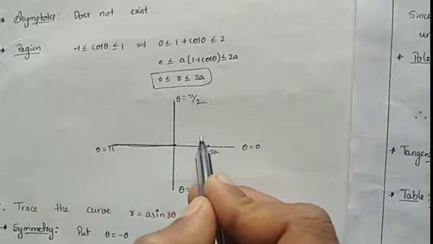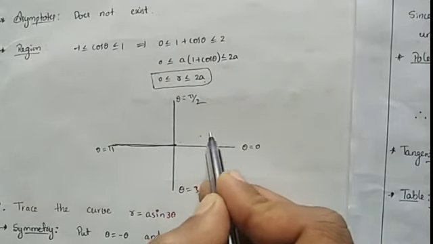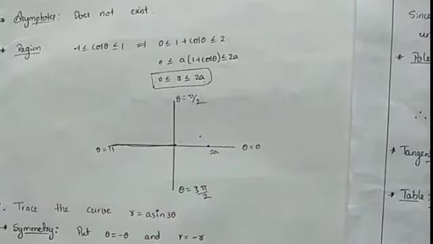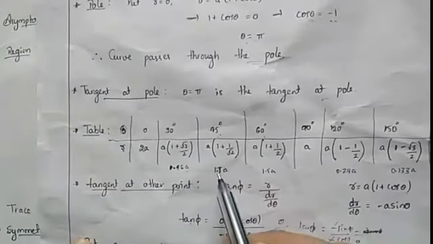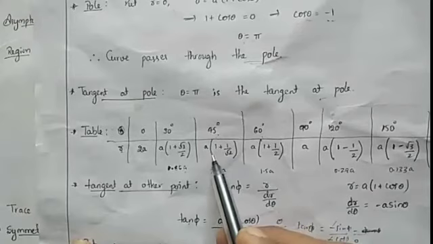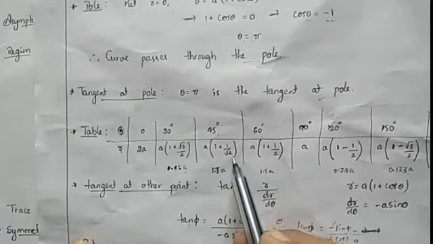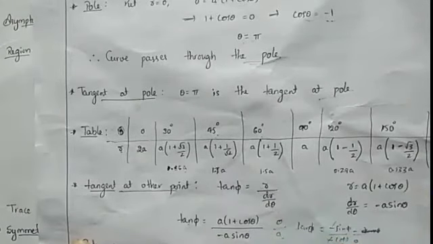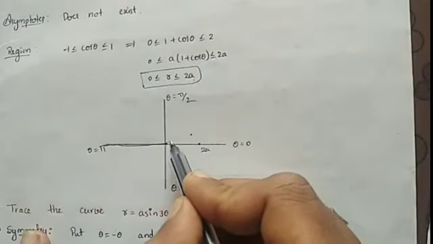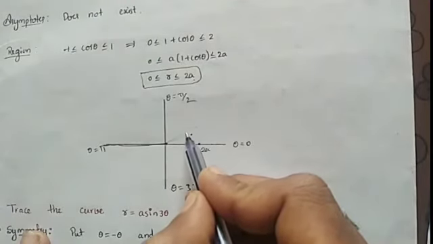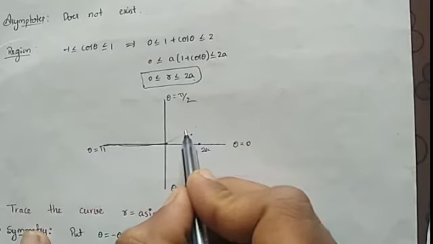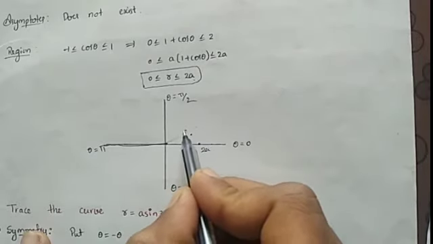In the angle 30 degree, this point is 1.86a. Next, for theta is equal to 45 degree, we get the r value is a into 1 plus 1 by root 2. It is nothing but 1.7a. In the 45 degree, this point is 1.7a.